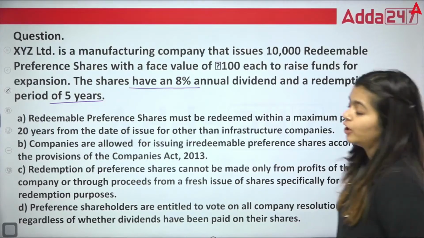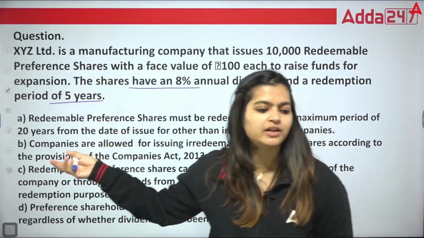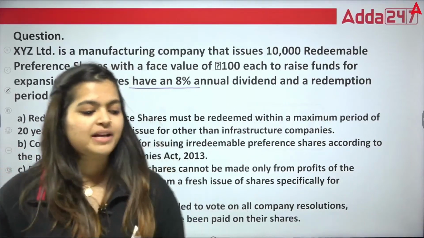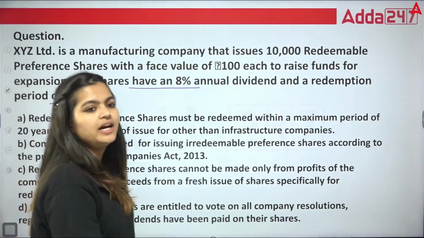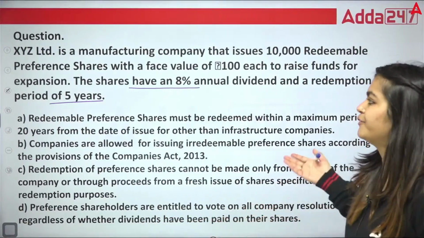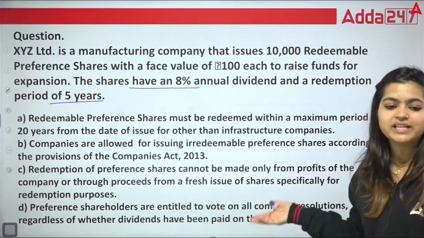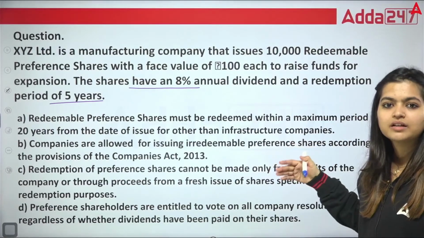So if you read the question, you might think that they require some calculation, correct? But as soon as we start reading the options, they are asking what preference shares are, which is the correct statement, which is actually defining the preference shares.